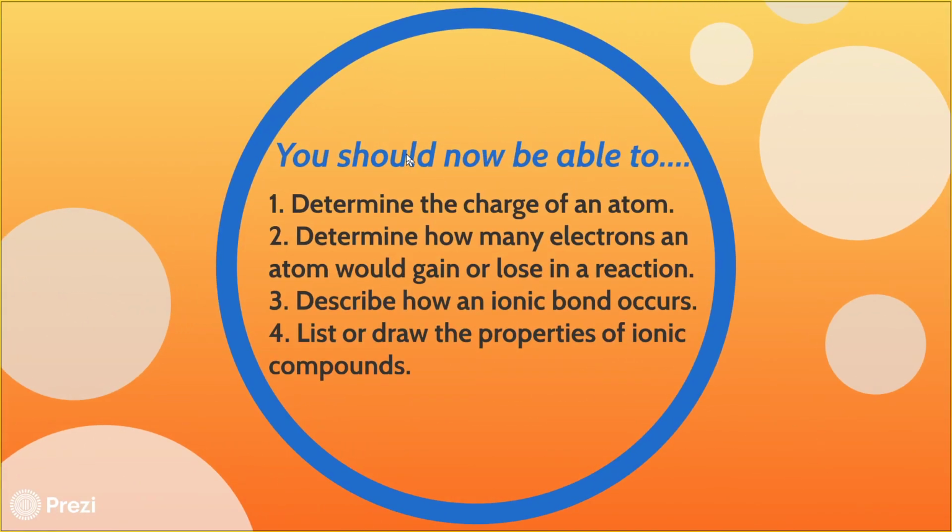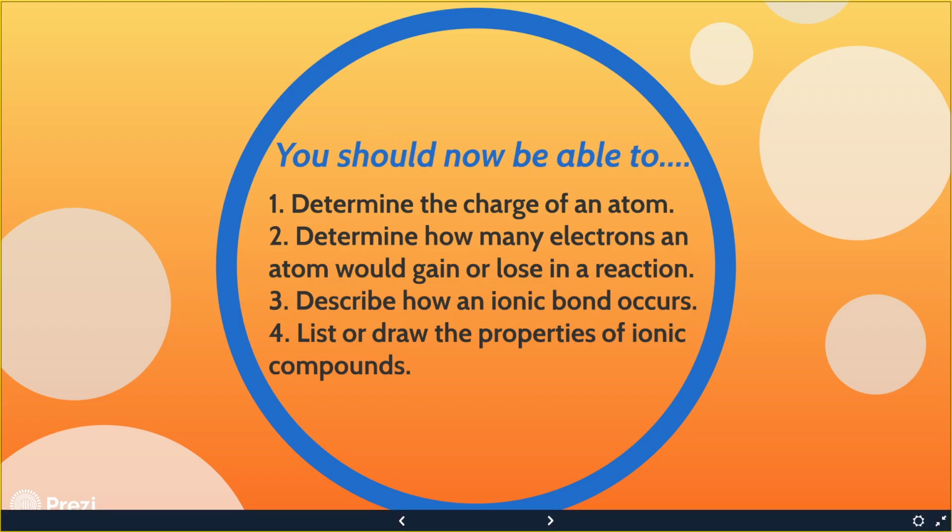So now you should be able to determine the charge of the atom when it's in an ionic form, determine how many electrons an atom will gain or lose in a reaction, determine how an ionic bond occurs, and list and draw the properties of ionic compounds.